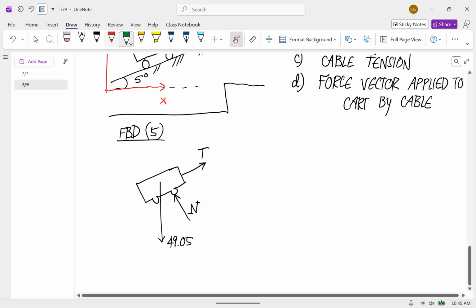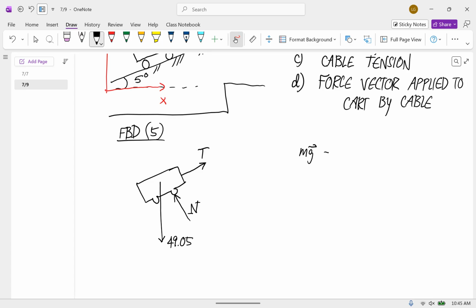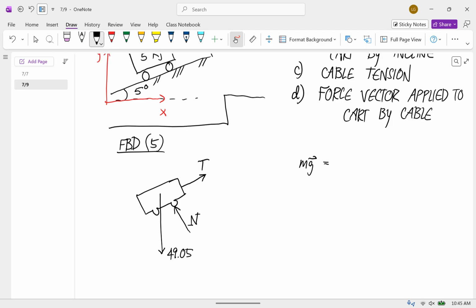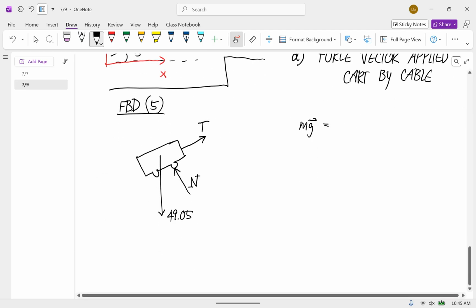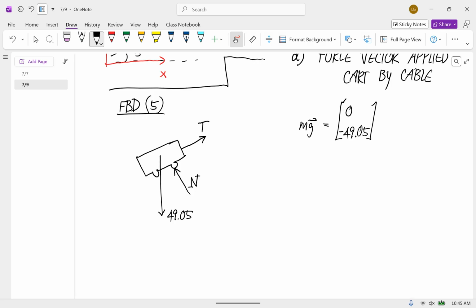First of all, the weight force, mg, the weight force vector. That's just straight down, so that's in my negative y direction. So I'm going to write that as 0, negative 49.05 newtons. But now these other two are on the incline, so how am I going to do those?